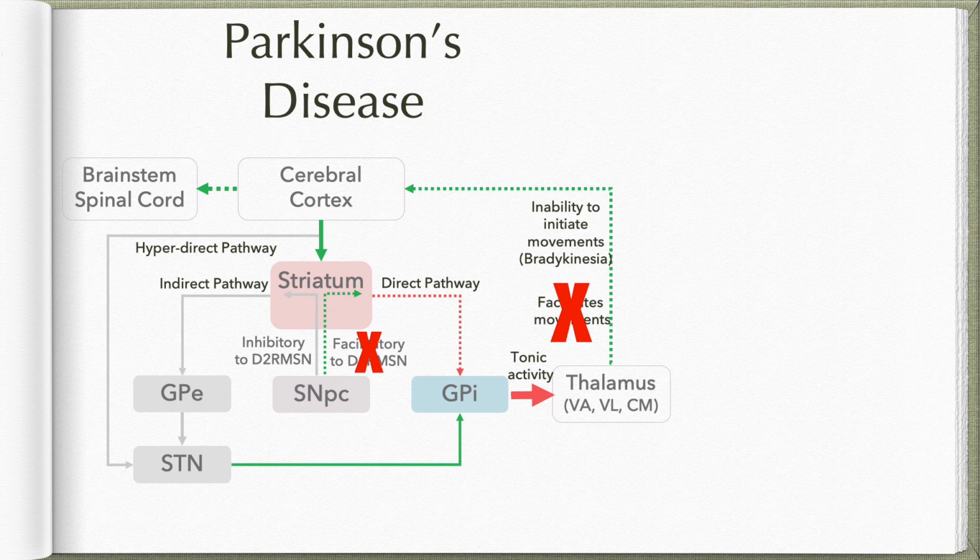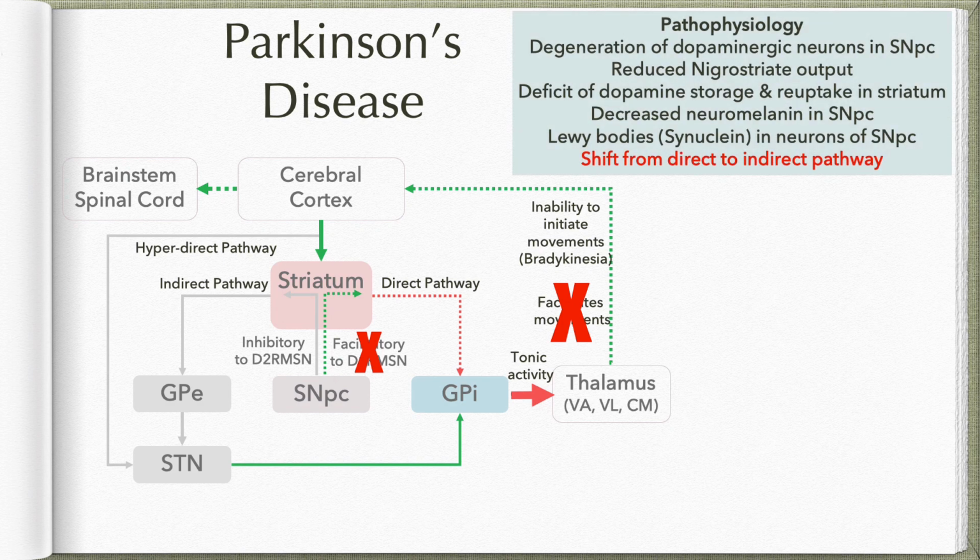So what is the main pathophysiology here? There is degeneration of dopaminergic neurons in the substantia nigra pars compacta. So there is reduced nigrostriatal output. Within the striatum, there is a deficit in dopamine storage and reuptake.